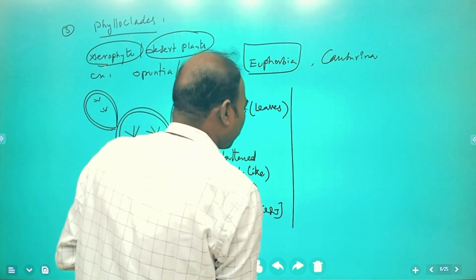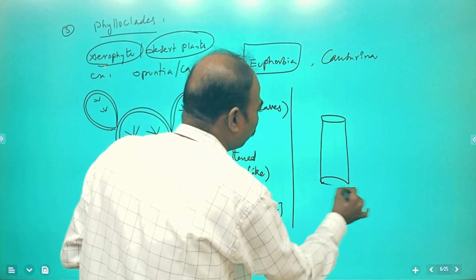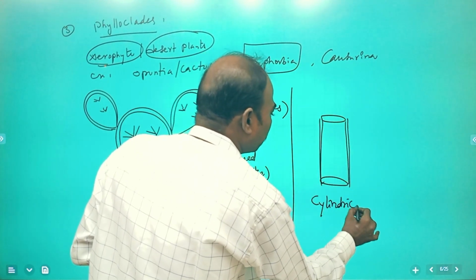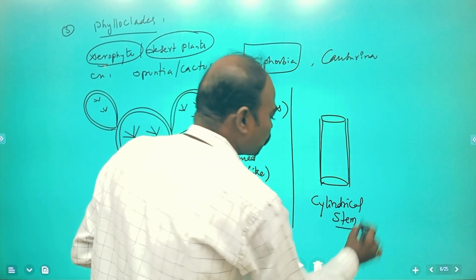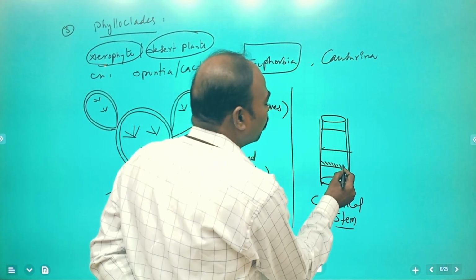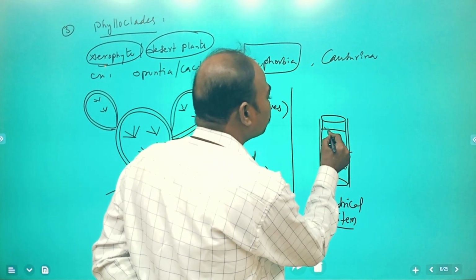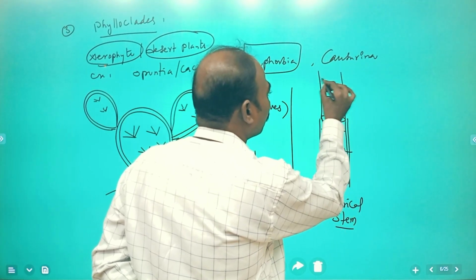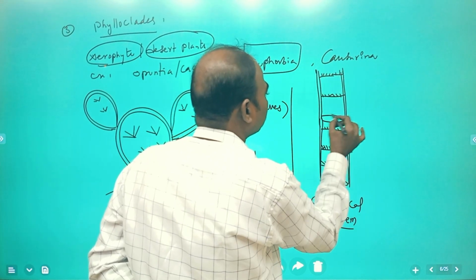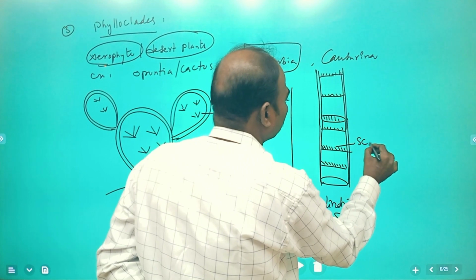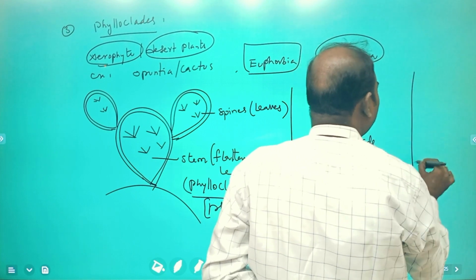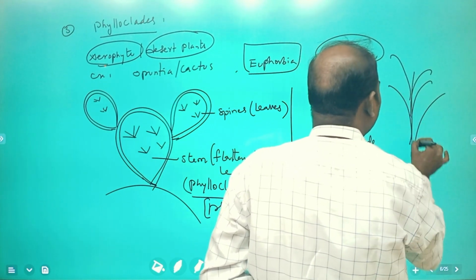Whereas in euphorbia, the cylindrical stems are found as phylloclades, cylindrical phylloclades, whereas at every node the leaves are reduced into scale leaves. Whereas in Casuarina, needle-like phylloclades develop.